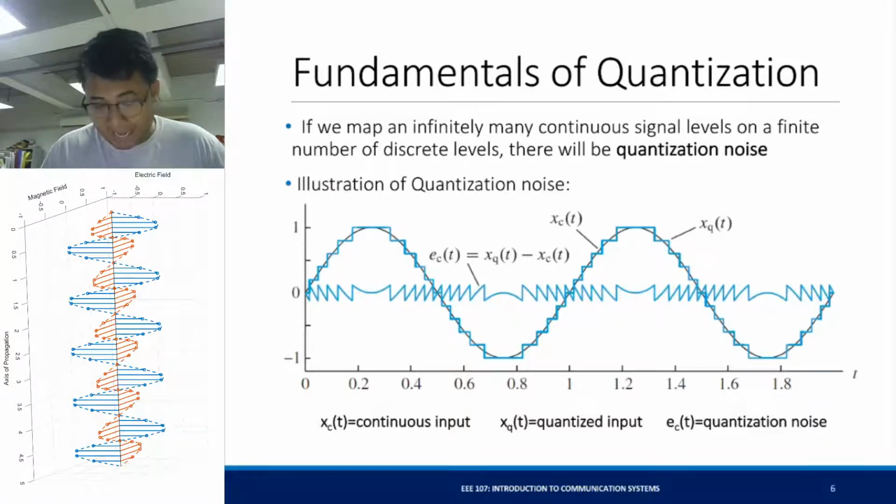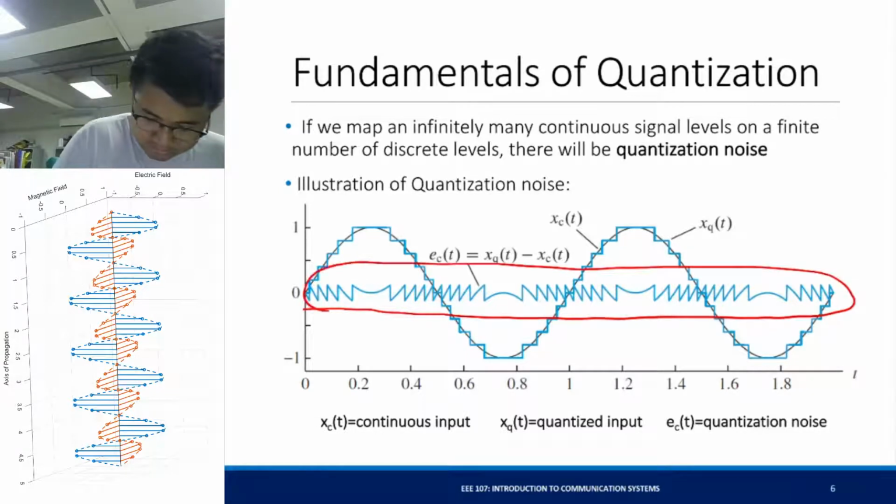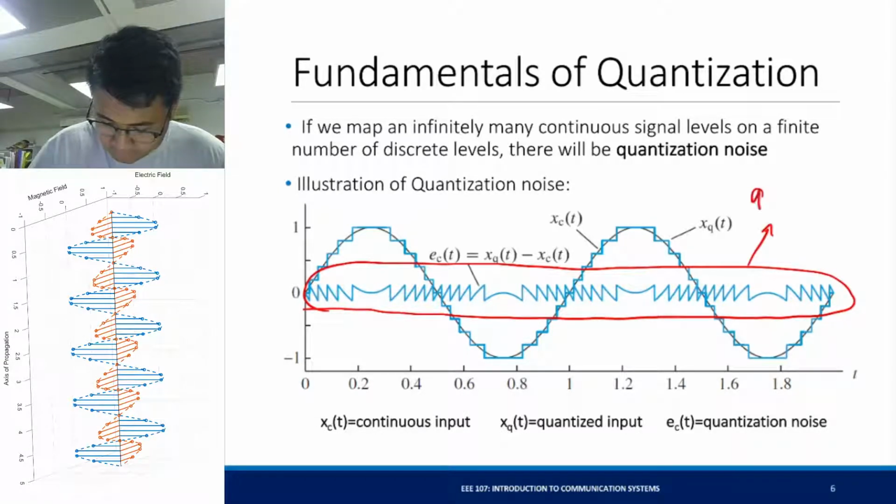If the black line here shown in the screen is your analog signal, if you try to discretize that, if you quantize that, you'll get the blue signal. And if you take the difference between the two, it will result into the blue curve at the middle here, which is the noise due to quantization.